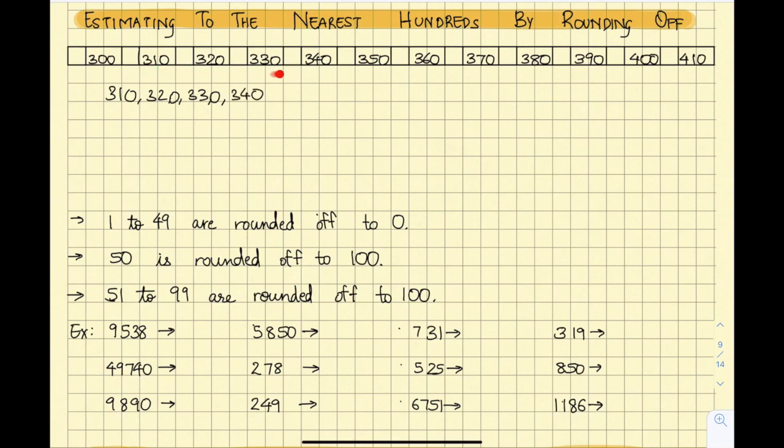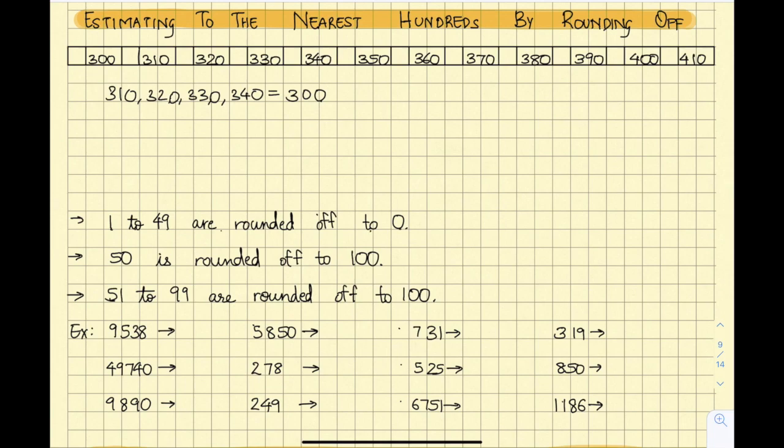These numbers are closer to 300 as compared to 400 when you look at this number line. Therefore 310, 320, 330, 340 are rounded off to the nearest 100, that is 300. So the numbers from 1 to 49 are rounded off to the nearest 0.